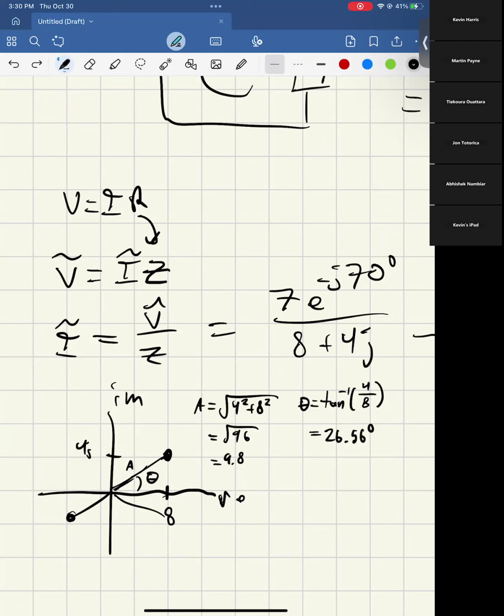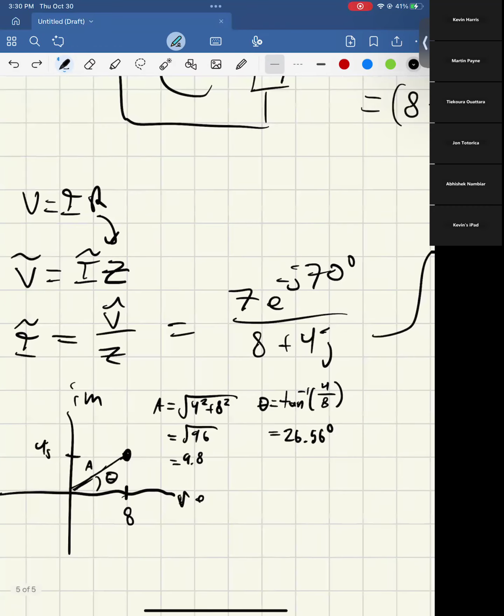So make sure you're thinking about which quadrant this is actually supposed to be in. If this was -8 plus 4j, you'll end up getting this angle, but really you wanted this angle. So make sure you understand what it's saying in the complex plane. There's a reason I'm drawing it out here.